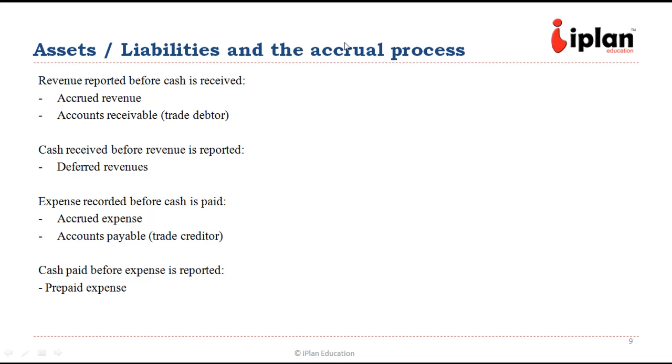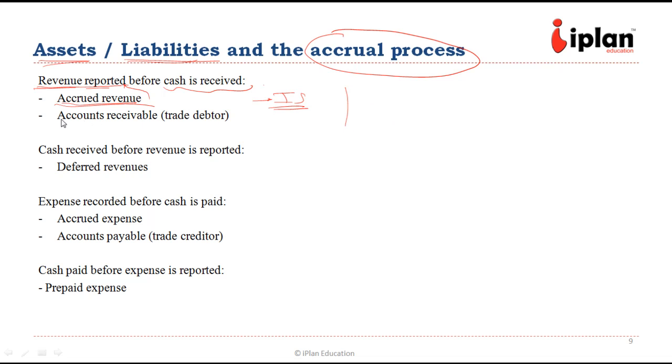Here we will see the impact of the accrual process on balance sheet assets and liabilities. If the revenue is reported but the cash is not received yet, in that case we call it accrued revenue. So revenue has been earned, so it is reported in the income statement, but cash is not received yet.